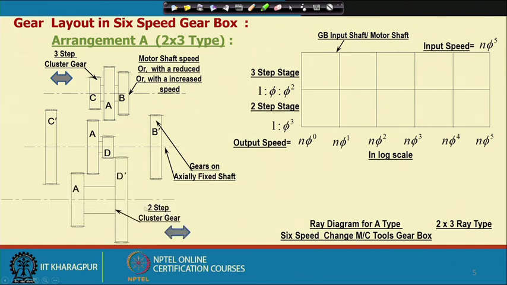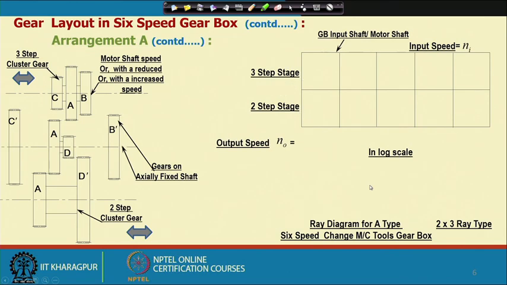This is the 2-step stage, because connecting this we will get 2 different reduction stages, and connecting these 3 we will get 3 reduction stages. So, this is the 3-step stage. Next, I will show how this ray diagram as well as the gear connection is done.